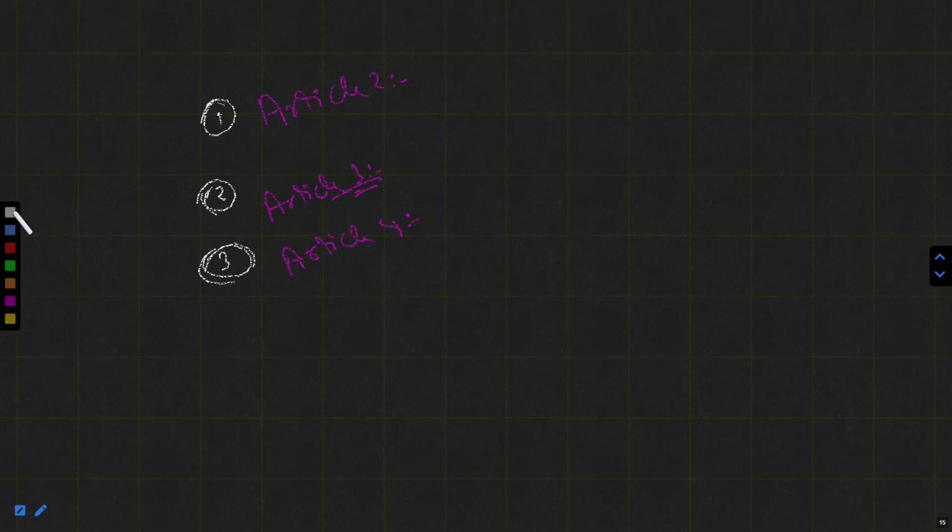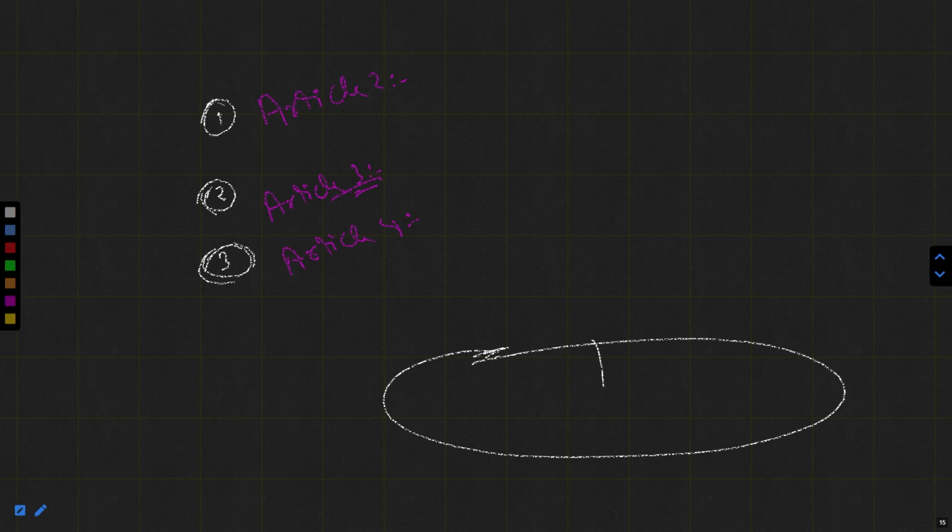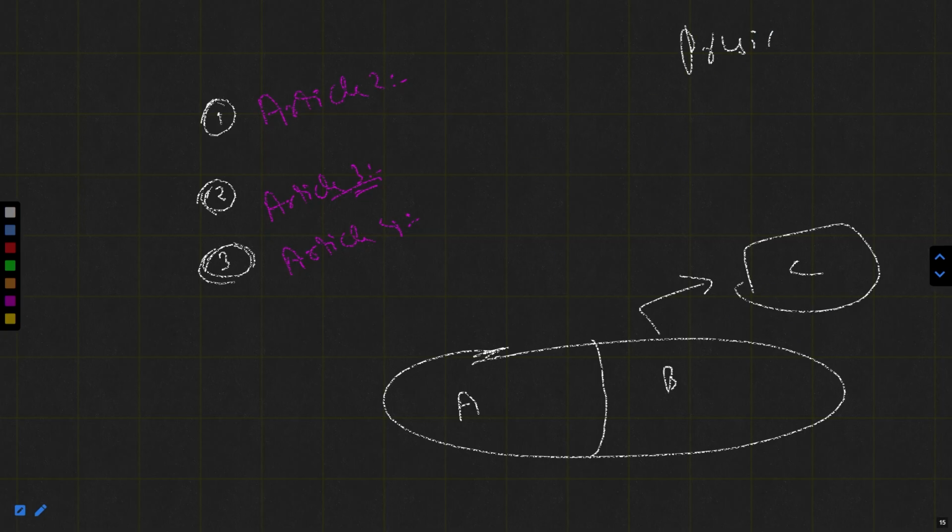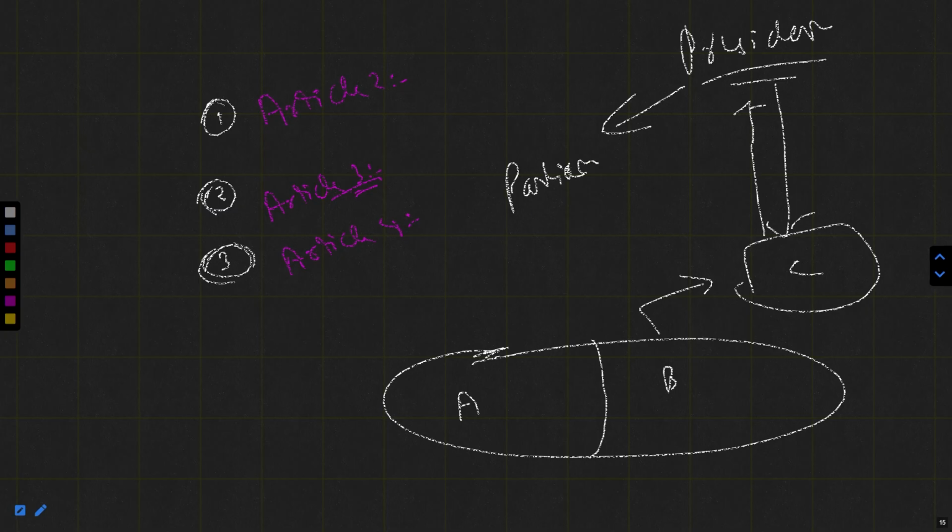Just take an example. The parliament says, divide the state into two areas, A and B. Previously, the state was listed as C. In such a scenario, the president will send this provision to the state C legislature, and the legislature will revert it to the president, who will show it to the parliament.